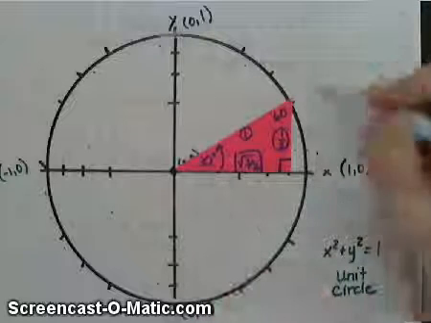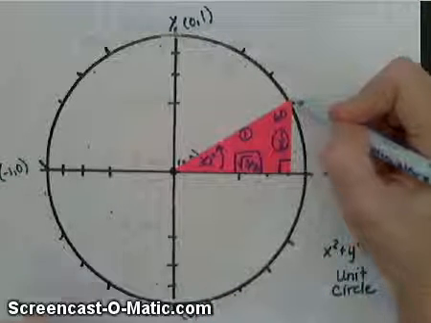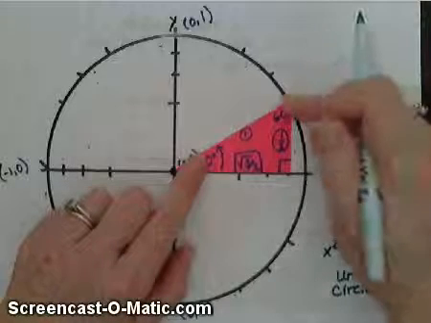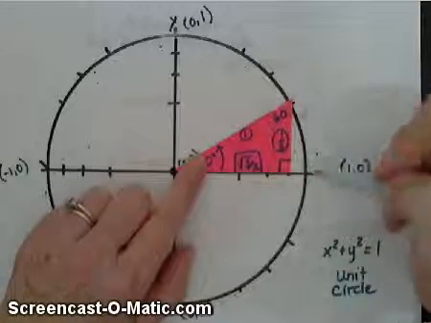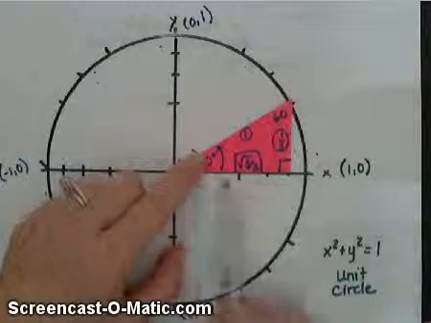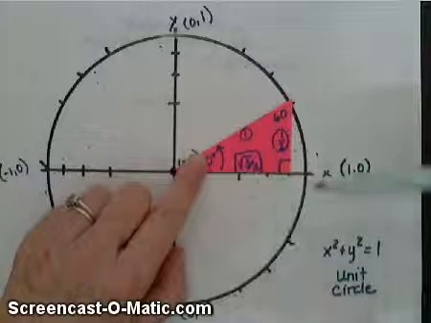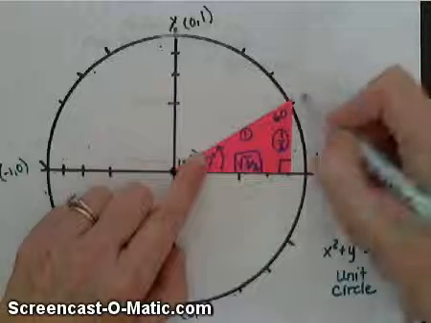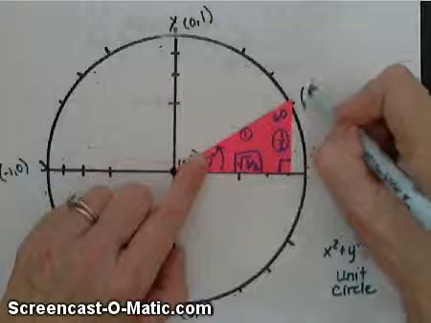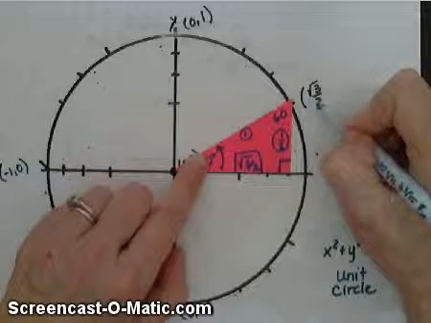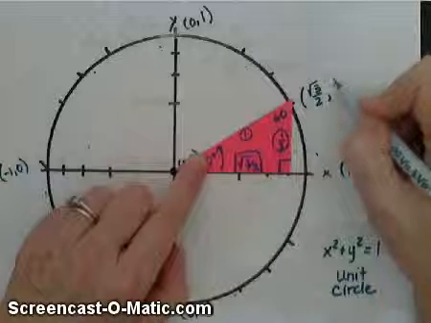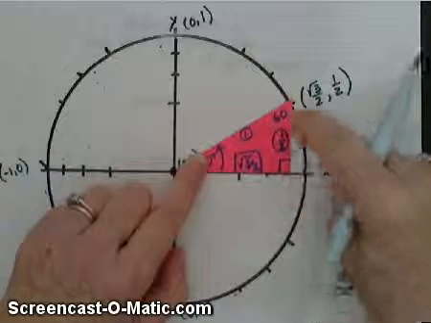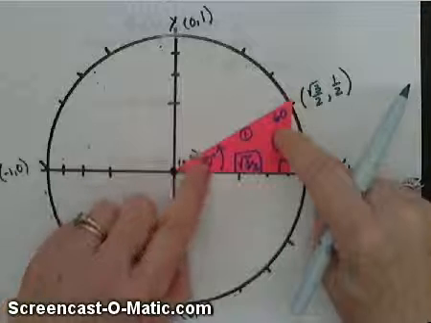You see this point out right here on the unit circle? The coordinates of that point would be whatever the base is right here for the x and whatever the height is right here for the y. So this point would be square root of 3 over 2, comma, 1/2. That's the x and the y for that particular triangle.